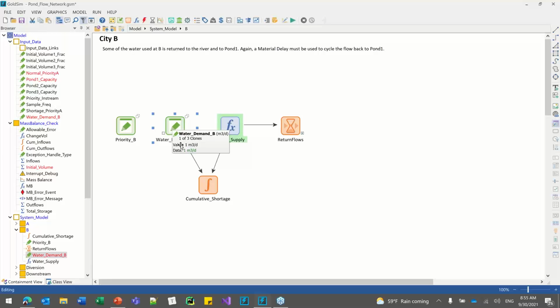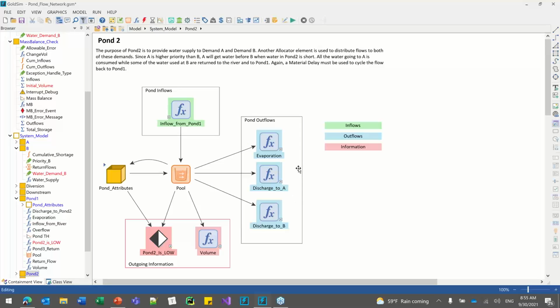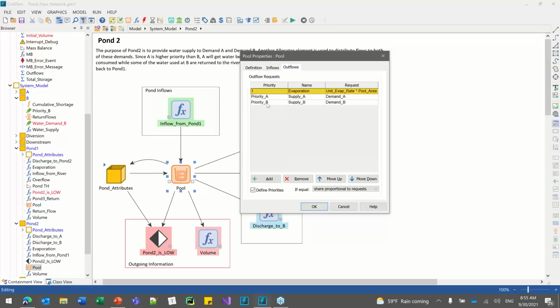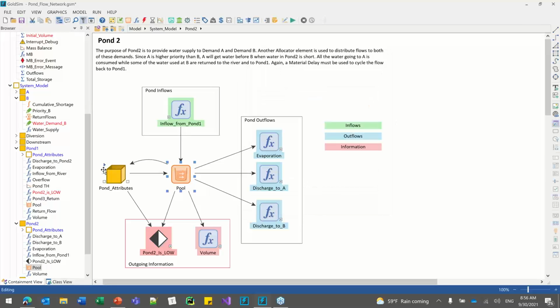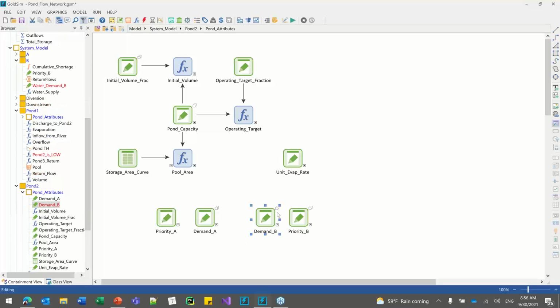So it's just a reference, but you could imagine that if you had this just embedded in here, then you wanted to come back up a level and go into pond 2 and also refer to the demand, because this demand is being used to drive an outflow from this pool. There's this demand B right here being used, and that's over here in this container, demand B. So you can see it's cloned.